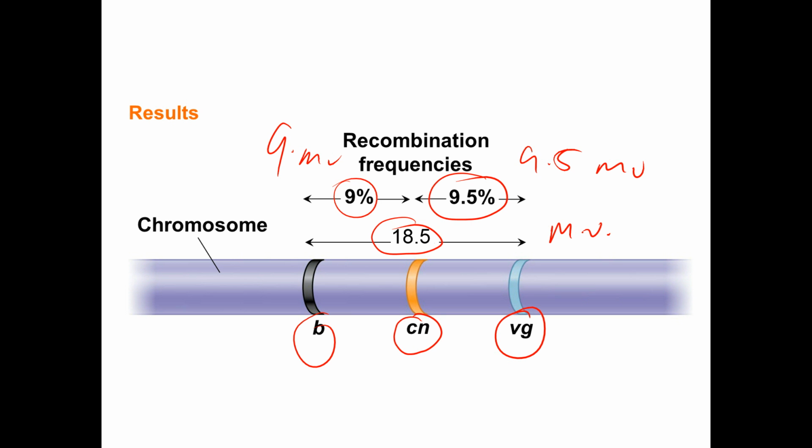So you know the difference between the body color and the wing type is 18.5 map units, so you know that they're the furthest apart. You know that the eye color gene and the vestigial wing is 9.5 map units, so that's going to come after the body color gene, so it's in between. And the distance between the body color and eye color gene is 9 map units. So this tells you the orientation of the genes on the chromosome.